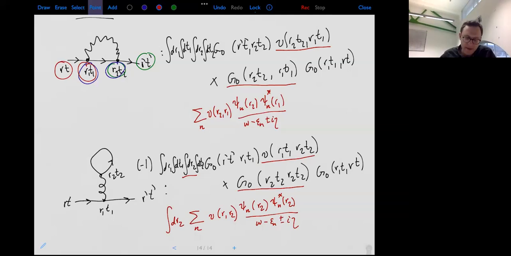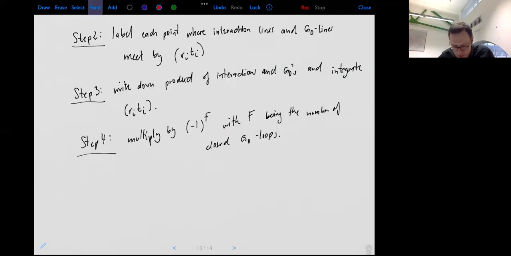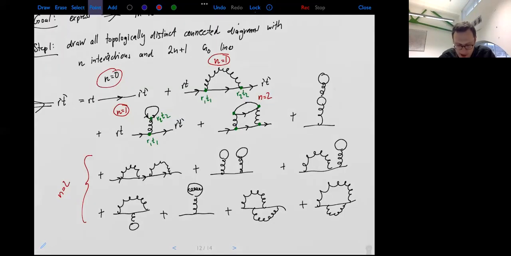So this diagram is basically the diagram that gives rise to Hartree interactions. So the top one is a diagram that describes Fock exchange, and this one is a diagram that describes Hartree interactions.